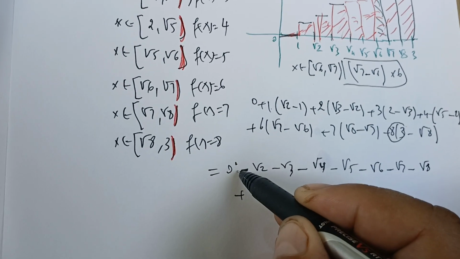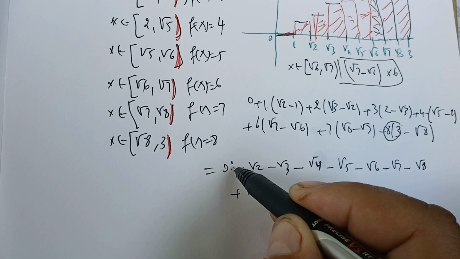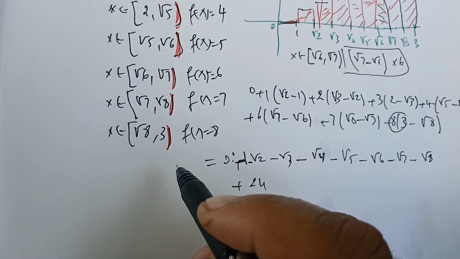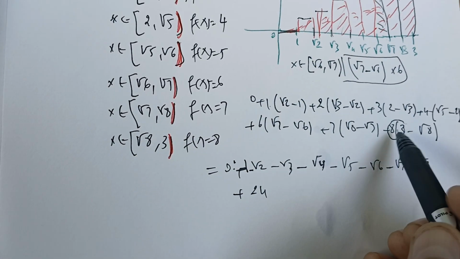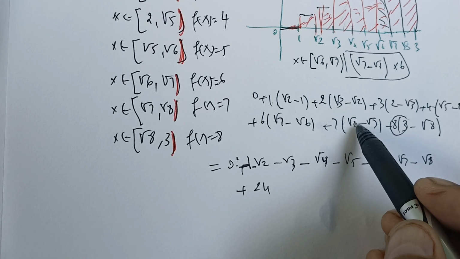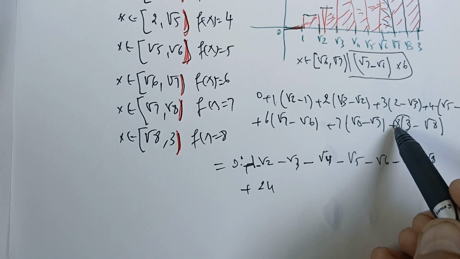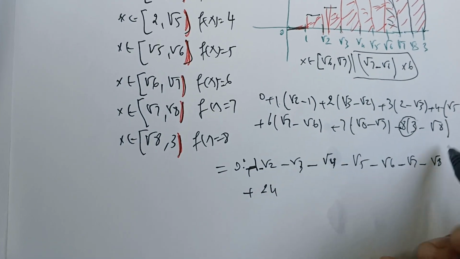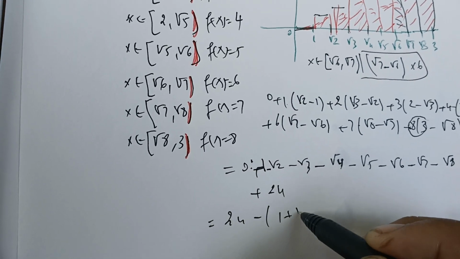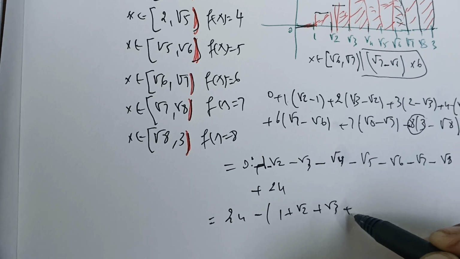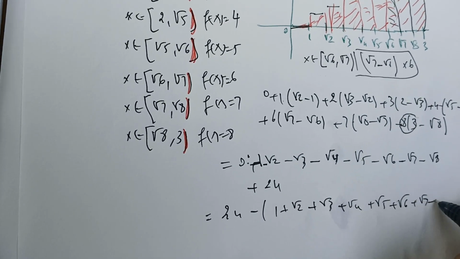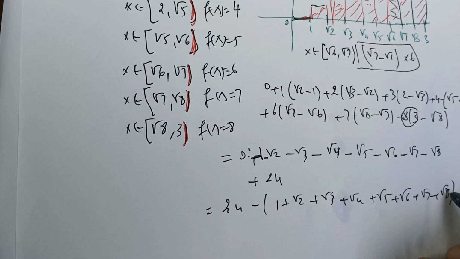It's 0 minus 1. Let's say for 8 I get 7 square root of 8 minus 8 square root of 8. That's minus square root of 8. Therefore, I get 24 minus 1 plus square root of 2 plus square root of 3 plus square root of 4 plus square root of 5 plus square root of 6 plus square root of 7 plus square root of 8.